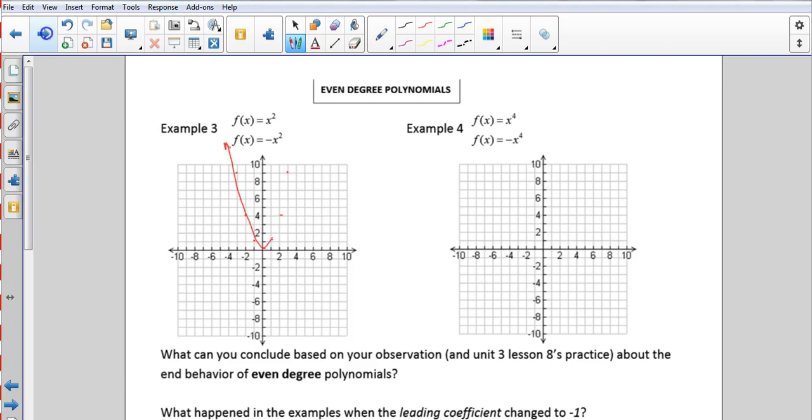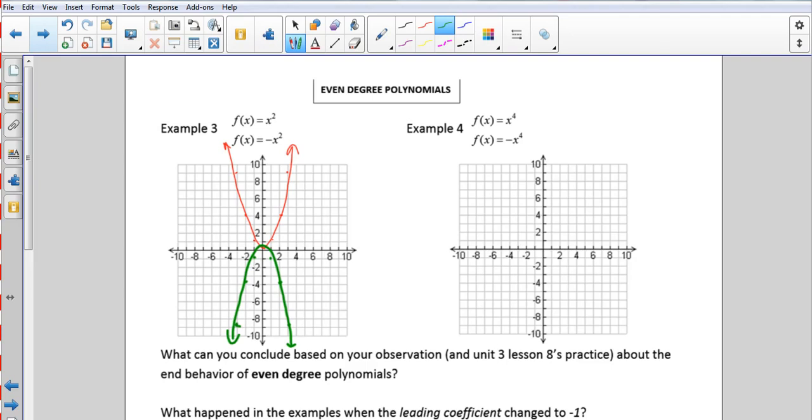There is our parent function parabola, x squared. What happens to negative x squared? It is the inverse, going the opposite direction of x squared.